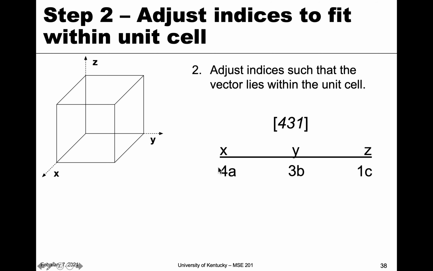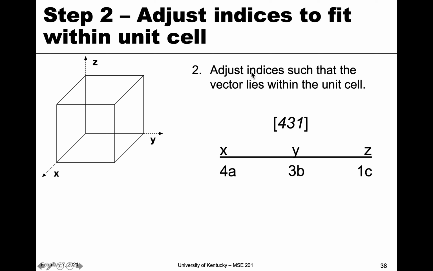For example, 4a, this is 1a, this is 1a, so I'd have to go 3 more units. So it's not going to be within the unit cell. Just like we adjusted to have the smallest integers, here we want to do the opposite, and adjust so that nothing is greater than 1. So it either has to be equal to 1 or less than that.